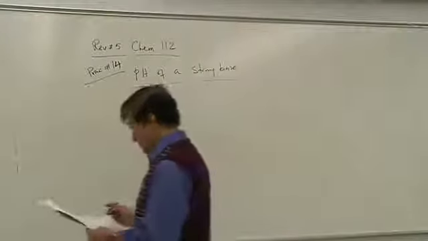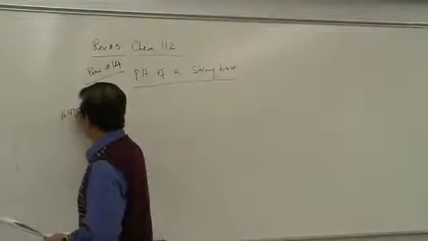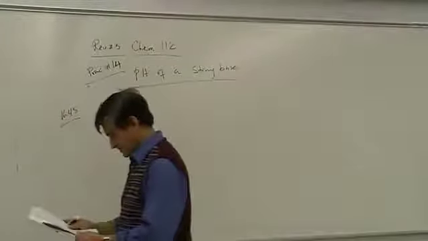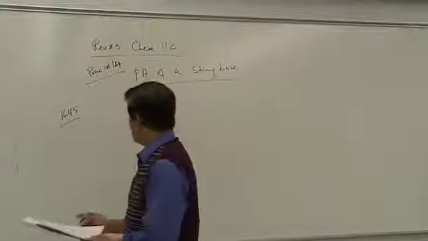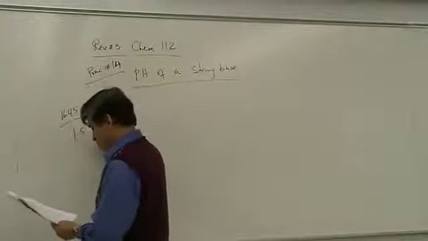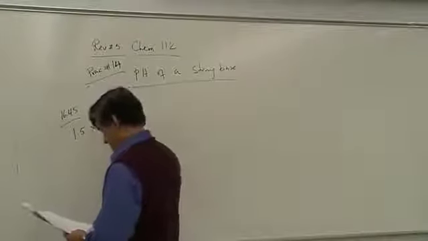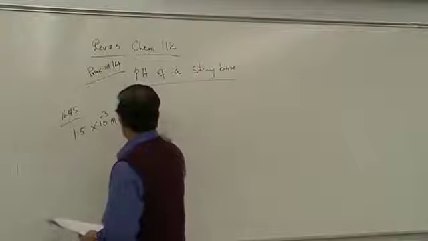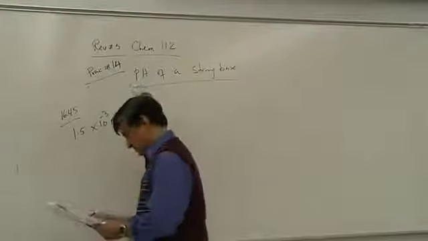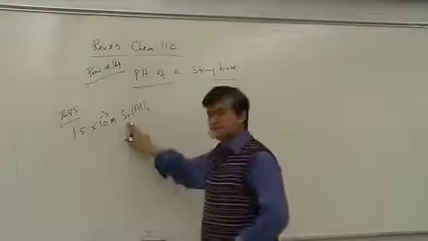So I selected this problem from the book, 16.45 from Brown and LeMay, 12th edition. The question is, you have 1.5 times 10 to the negative 3 molar strontium hydroxide. What is the pH value? This is group 2A.